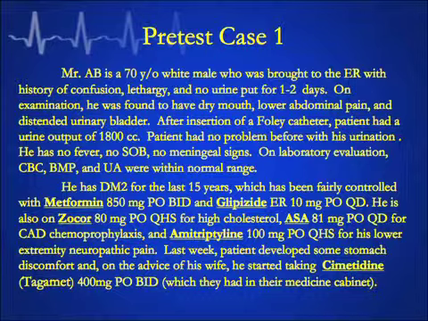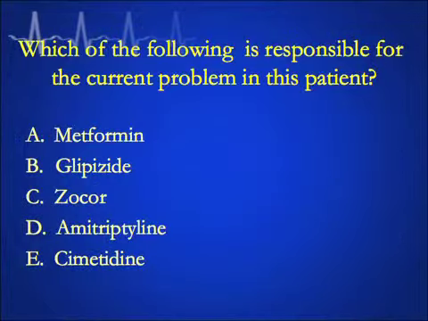Recently, he developed some stomach discomfort, and on the advice of his wife, he started taking cimetidine, which is Tagamet, basically. I have one question. Which of the following is responsible for the current problem in this patient? Okay, you can give your response. So just remember which of these answers or options you chose.